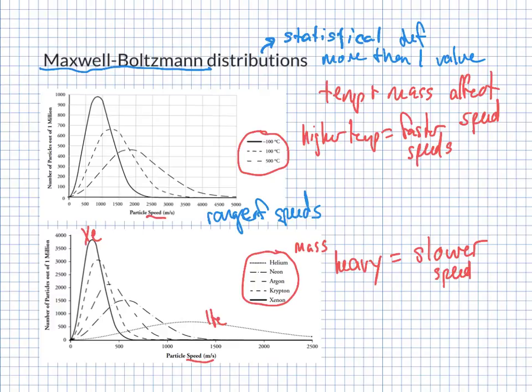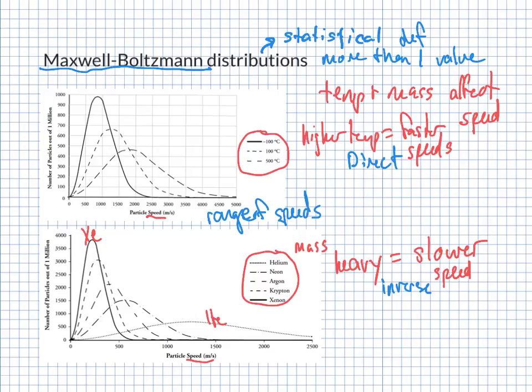So while the first instance is showing me something that is direct, more temp, more speed, in terms of mass, we have something that is inverse. More mass, slower speed.